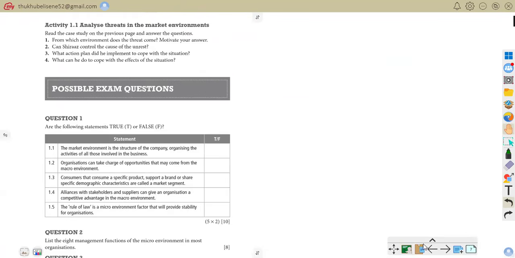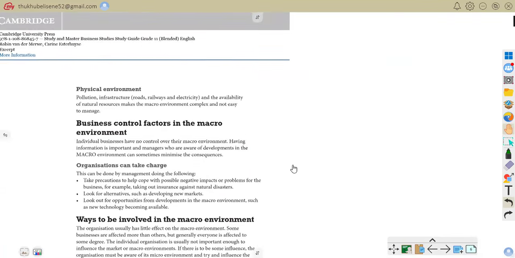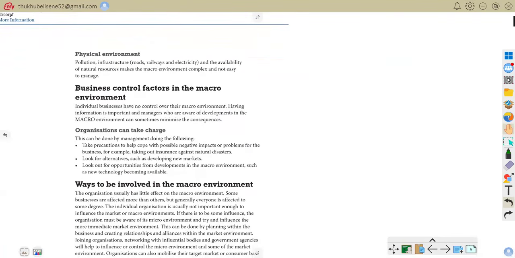Then you still have the physical environment. The physical environment is the pollution, infrastructure, roads, railways, electricity, and the availability of natural resources, which make the macro environment complex and hard to manage.